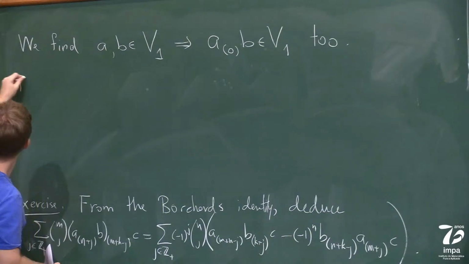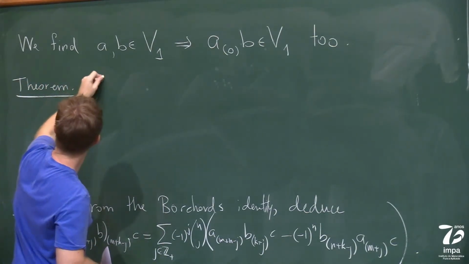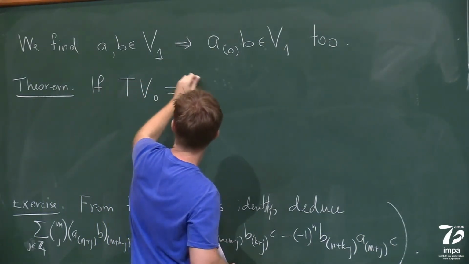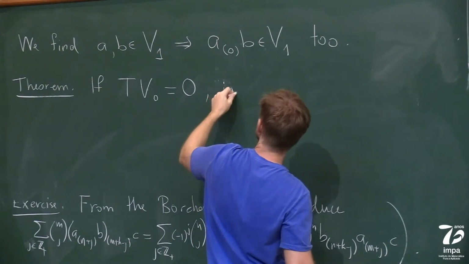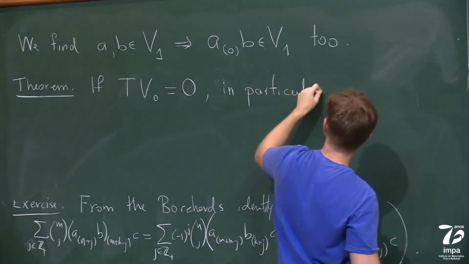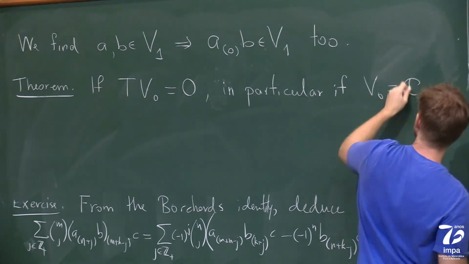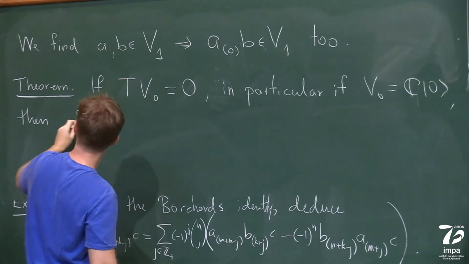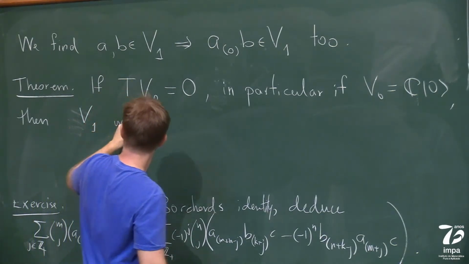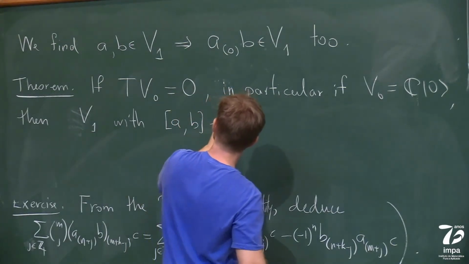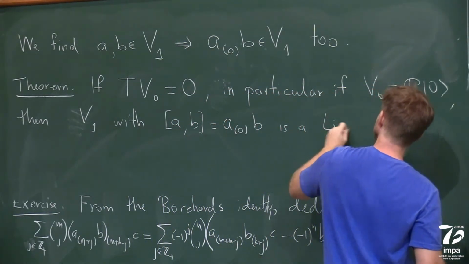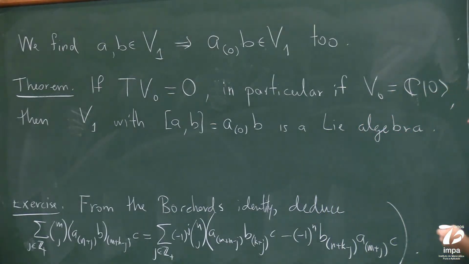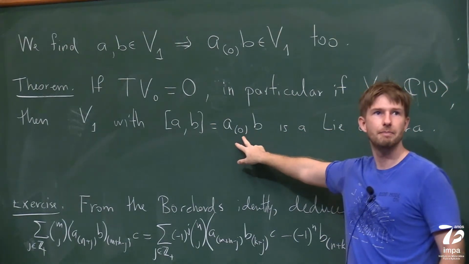Rather cool theorem. That the subspace, so subject to a rather mild hypothesis on V, this subspace V1 with this operation actually becomes a Lie algebra.